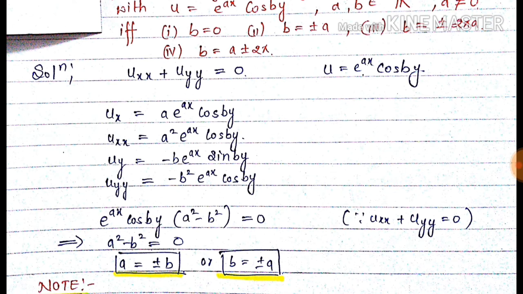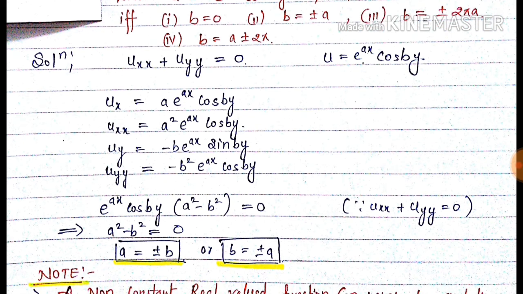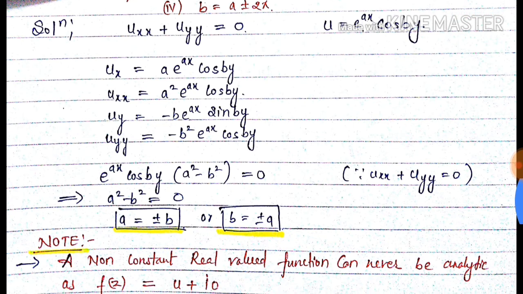On differentiating with respect to x we get a e to the power ax cos by. Similarly uxx is a square e to the power ax cos by. And similarly uy is minus b e to the power ax sin by. Similarly uyy is minus b square e to the power ax cos by.